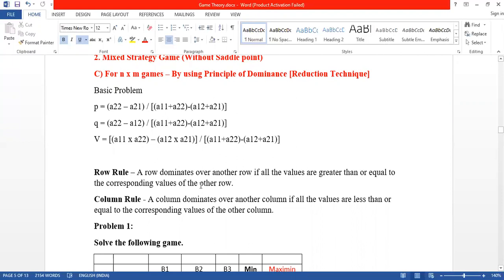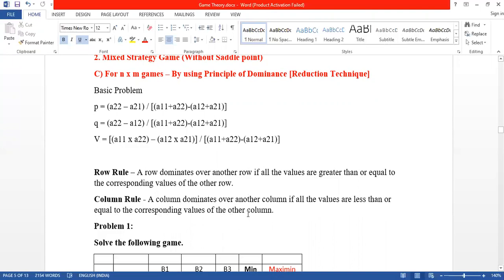That means if we compare two rows and find that one of the rows has all the greater or equal values to the corresponding values of the second row, then we'll say the first row dominates over the second. For column, a column dominates over another column if all the values are less than or equal to the corresponding values of the other column.